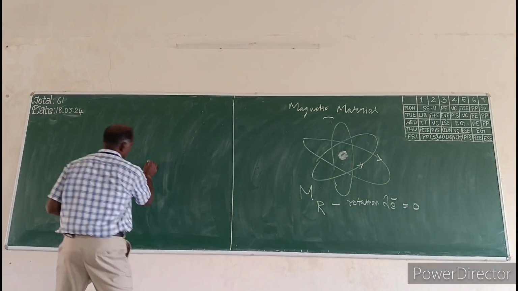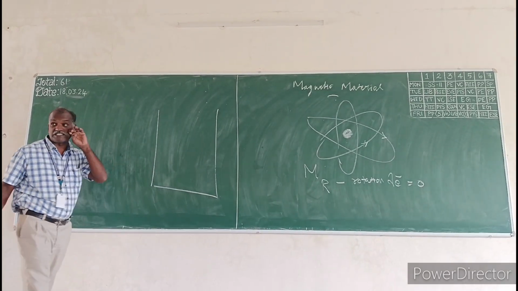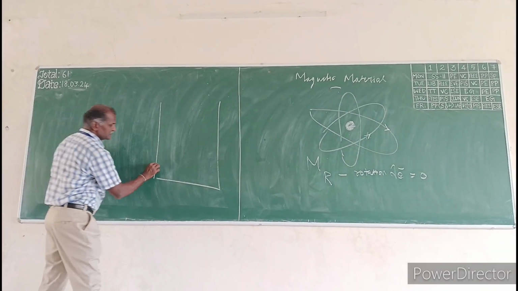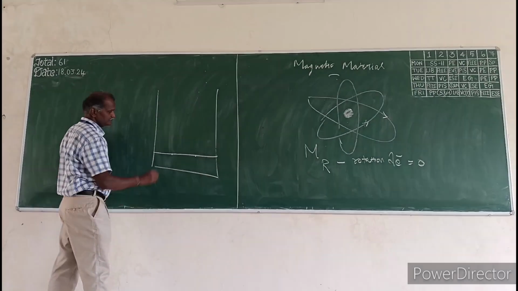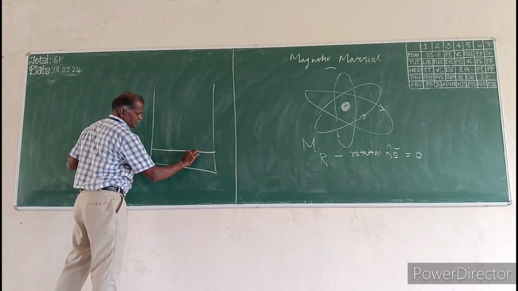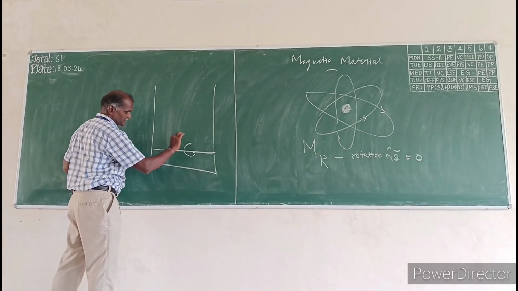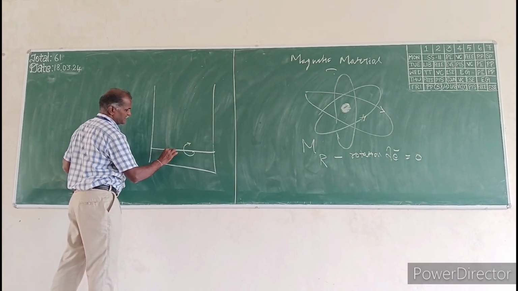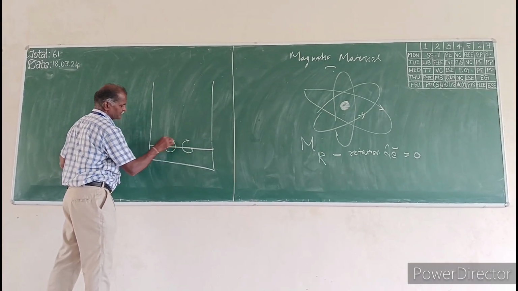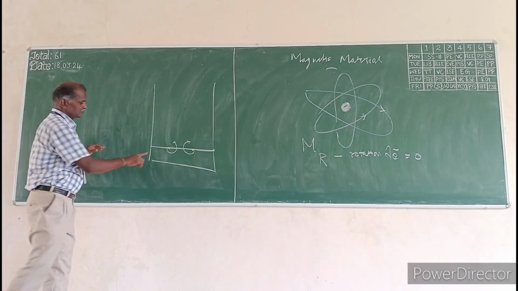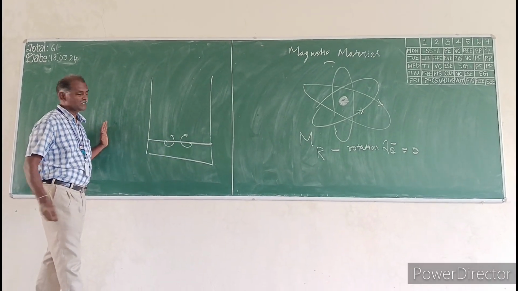If we consider different states in the atom, each state might have 2 electrons. One electron may spin clockwise, another may spin anti-clockwise. These two spins can cancel each other in the first state.